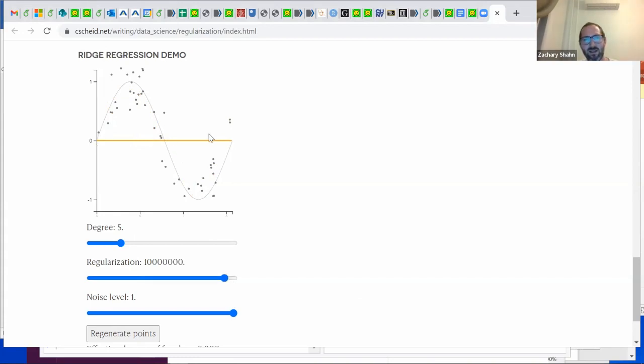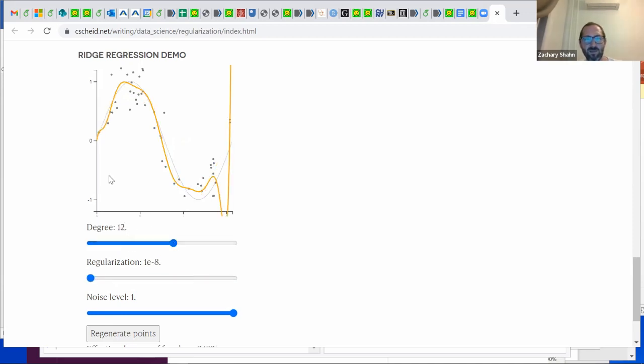And this orange line is your prediction for y for each value of x using a degree 5 polynomial. So when you make lambda huge, you're saying any deviation from 0 of the coefficients is going to be severely punished. So it makes all the coefficients 0, and that leads you to predict that it's always going to be 0. And if you don't regularize at all, then it's just going to do its overfitting thing.